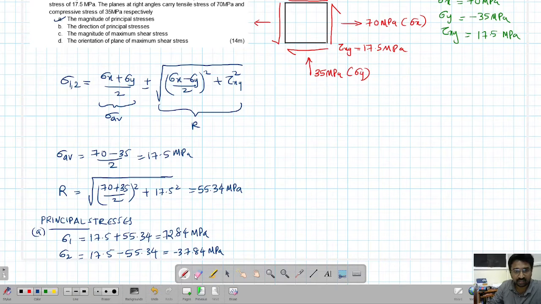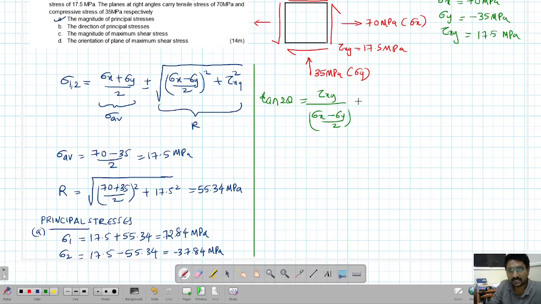Now we can find the direction of the principal stress very fast. You have to use the formula tan 2 theta equal to tau xy by sigma x minus sigma y by 2. So this is tau xy, this is sigma x minus sigma y by 2, this by this without the square.